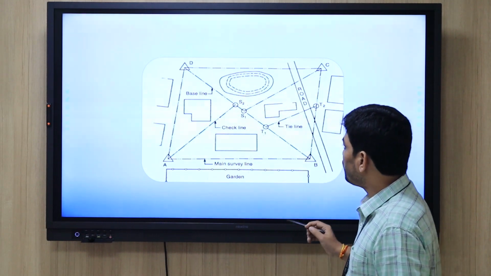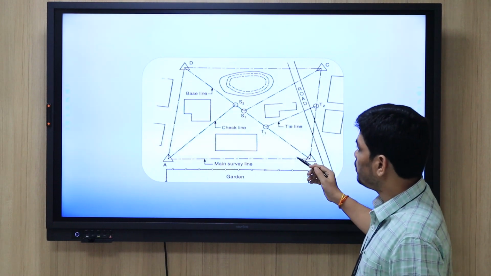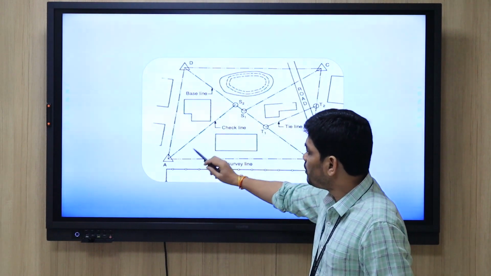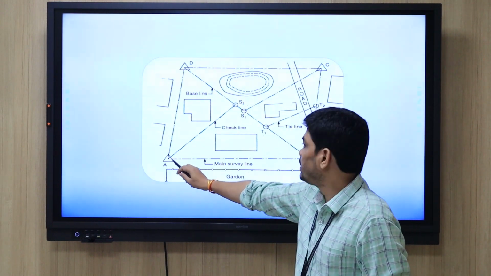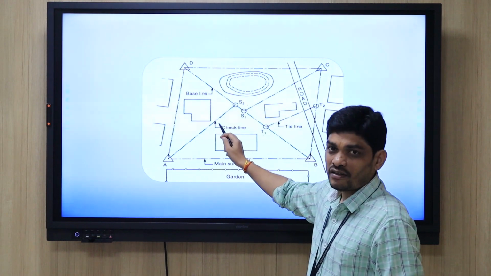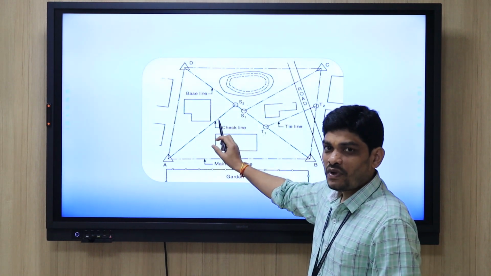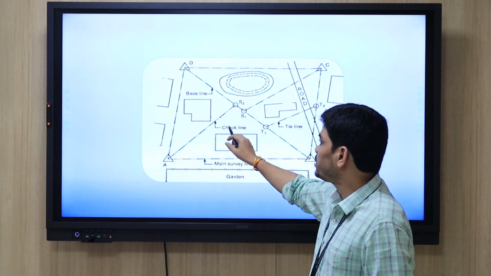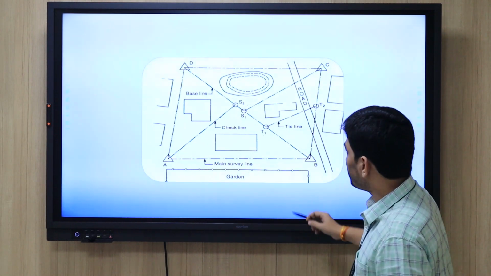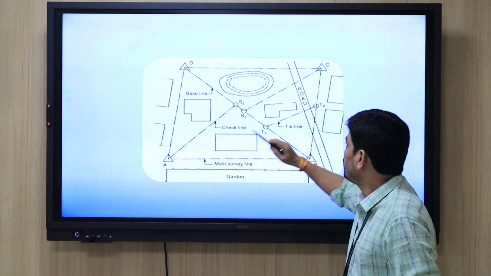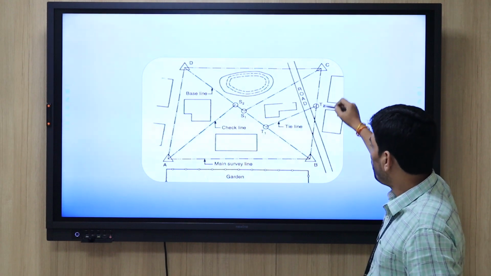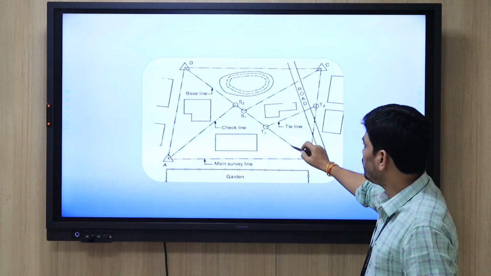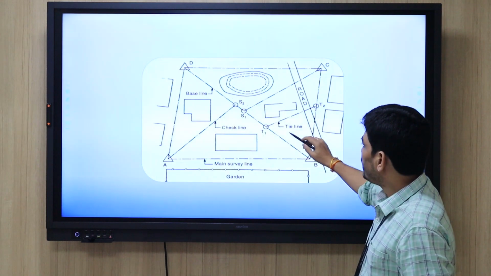The line which is joining this base line and a main survey station is nothing but a check line. The purpose of the check line is to measure accurately and to measure the areas. And other than the main survey lines and base line, any other line is a tie line.